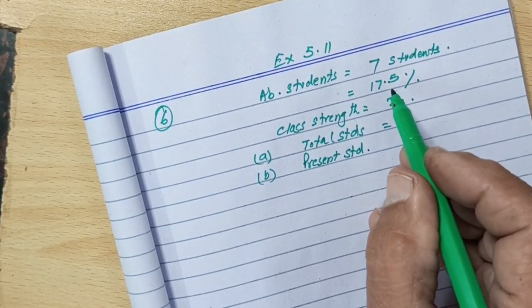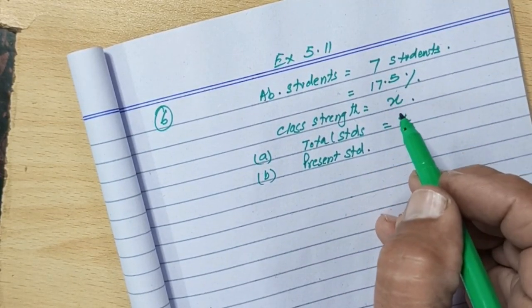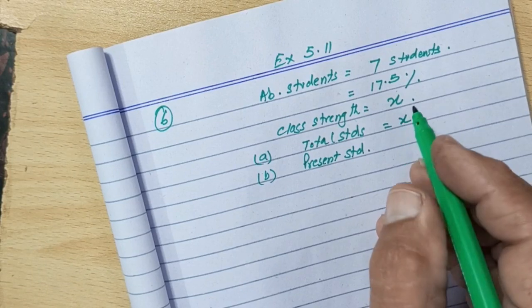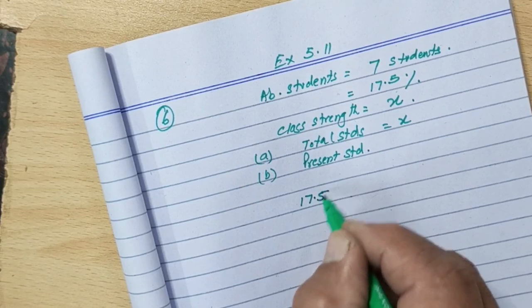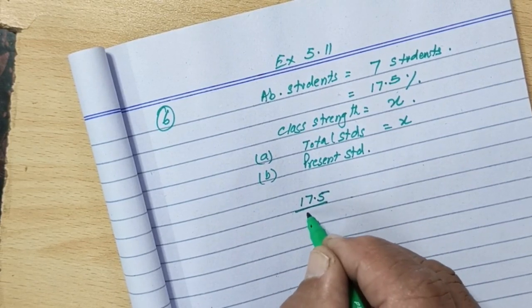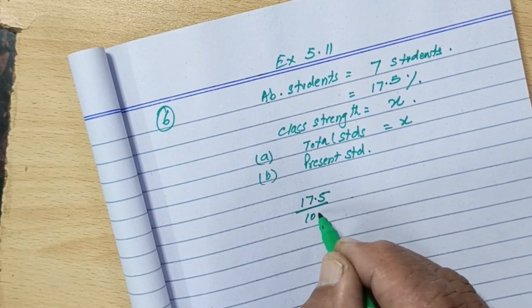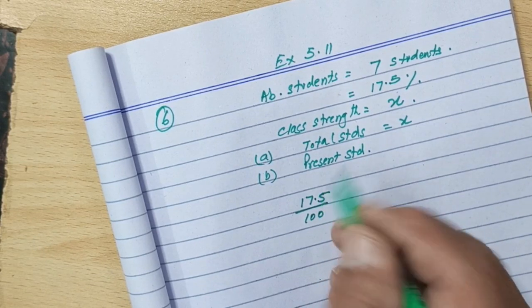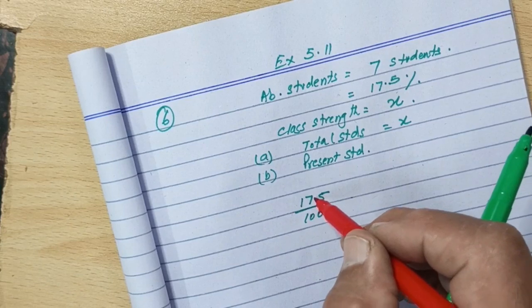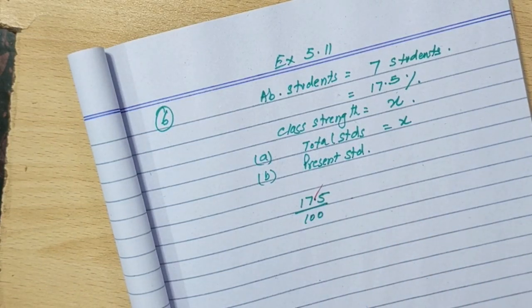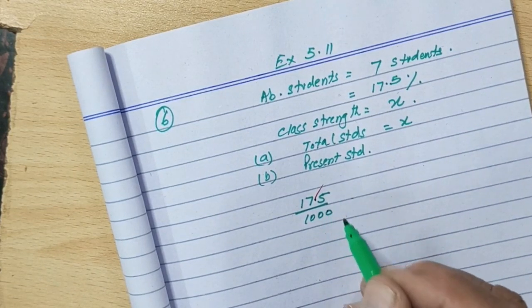Now 17.5% of what? 17.5% of the class strength. 17.5% means 17.5 divided by 100, and for removing this point, you just put one additional zero over here.